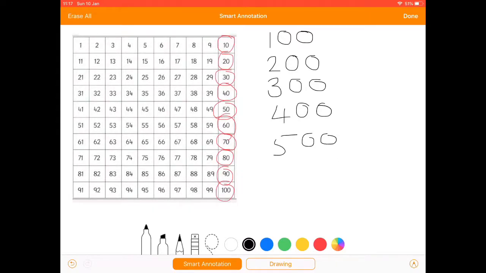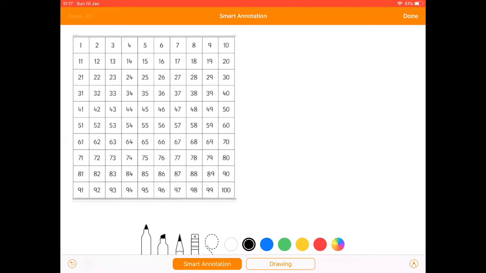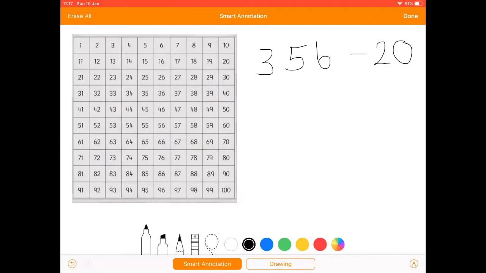So these are the types of numbers that we're going to be subtracting today. So let's look at an example of the questions that we have. So say I had the number 356 and I'm subtracting 20. It's very important, boys and girls, that we know the place value of each of these numbers. So let me just say that number again, 356.